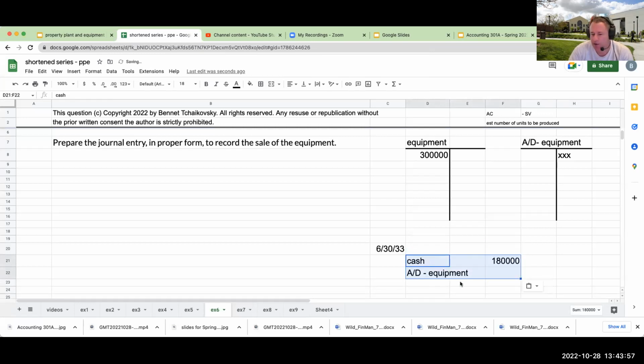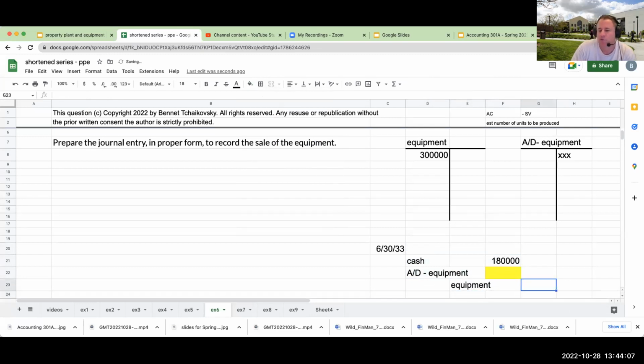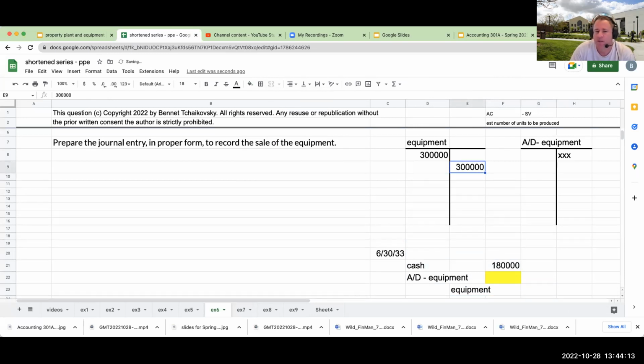I also have to take the equipment off of my books. Taking the equipment off my books essentially means I'm going to have to credit equipment for $300,000.